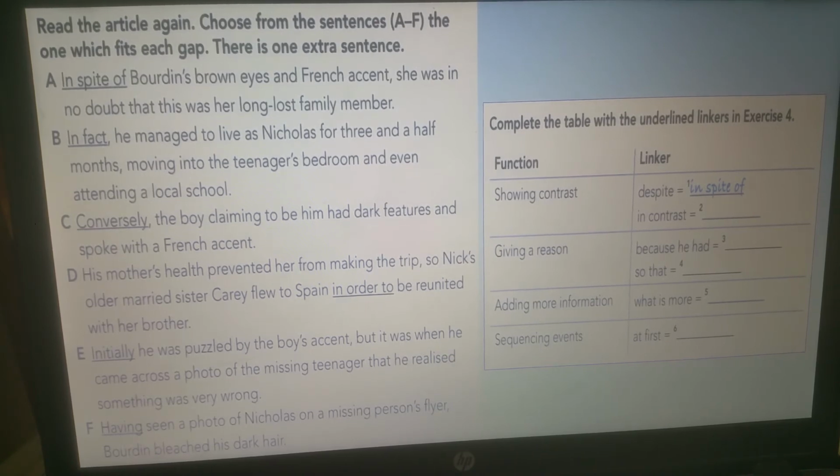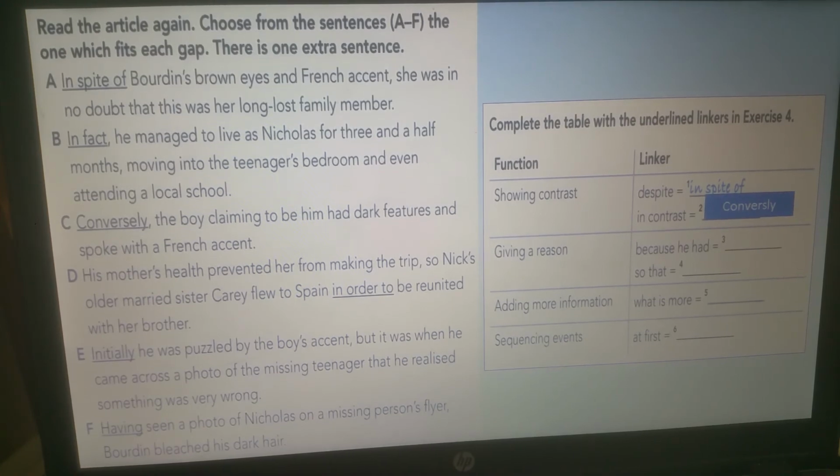These should be put here, and we have the function and the linker. So the first one, showing contrast, we have the example despite, that means in spite of, and in contrast, please find it yourself once.